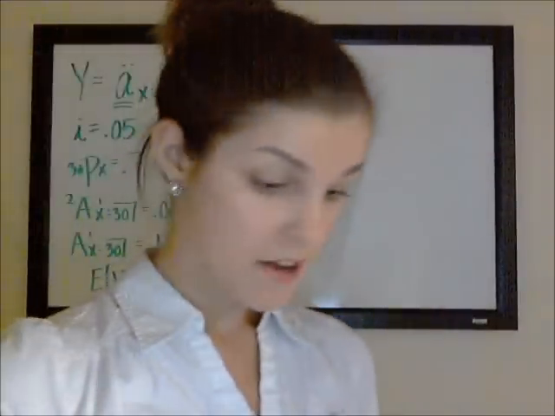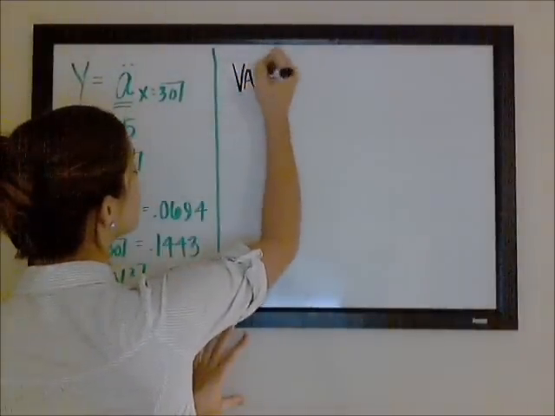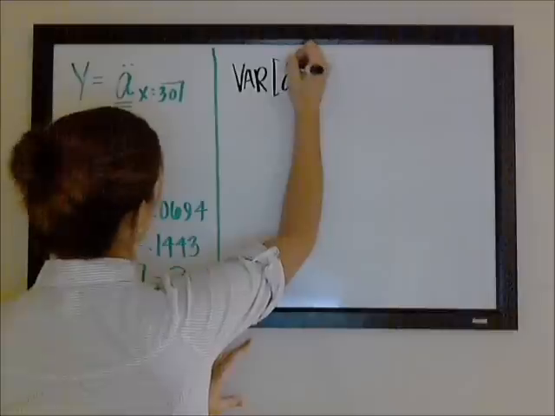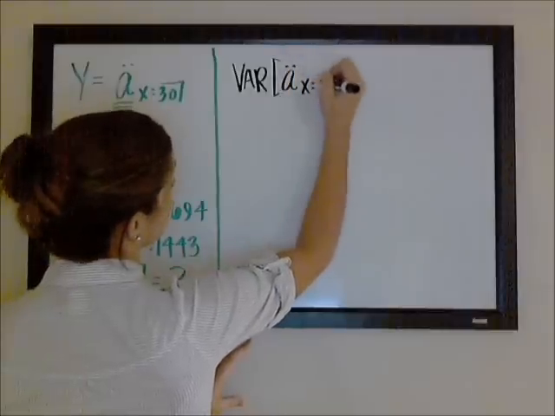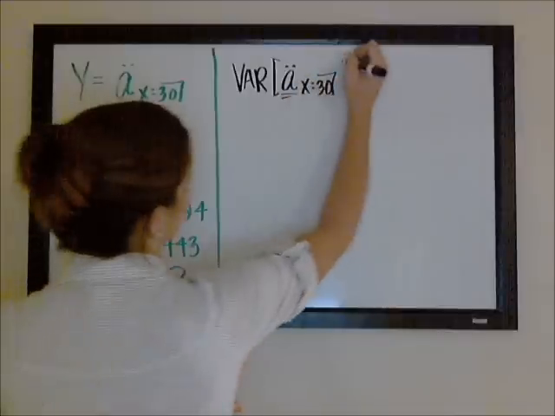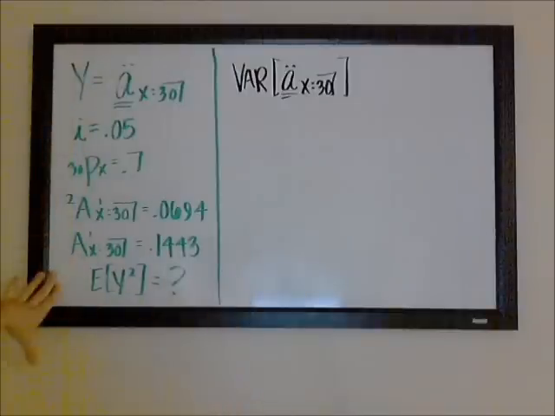First, let's find the variance. Let's just come up with a formula for it, and then we'll see what pieces we need and see if we can find those based on the other information that we're given.